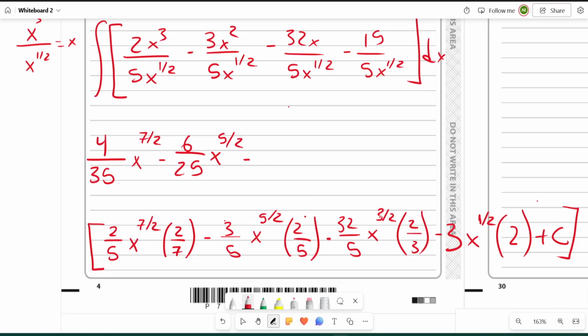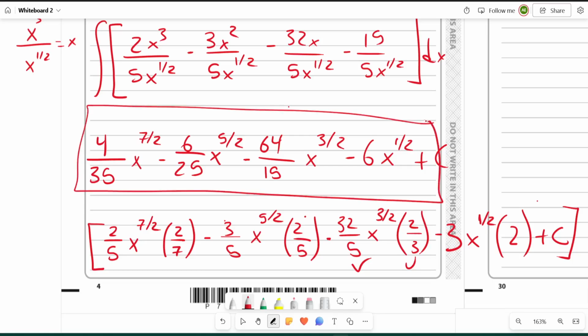Minus 32 times 2 is 64 over 5 times 3, which is 15, x power 3 over 2. Minus 3 times 2 is 6, so minus 6 x power 1 over 2, plus c, and that is going to be my final answer.